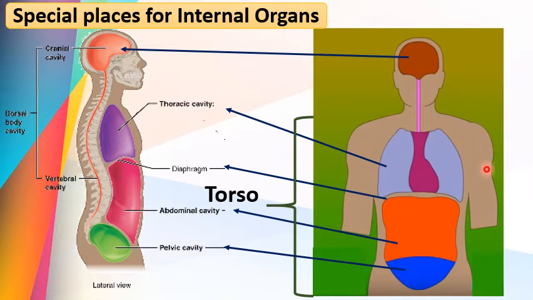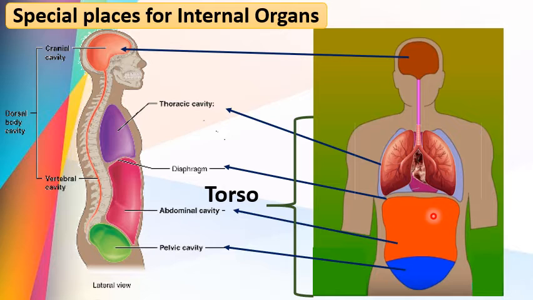Okay, now we will try to locate some of the organs inside our body. Okay, see here, this is our heart. Heart is situated in the thoracic cavity, a little to the left. Can you see here? Now over that, lungs are there. See these 2 lungs, one on the left and one on the right, isn't it? This is left, right, correct?